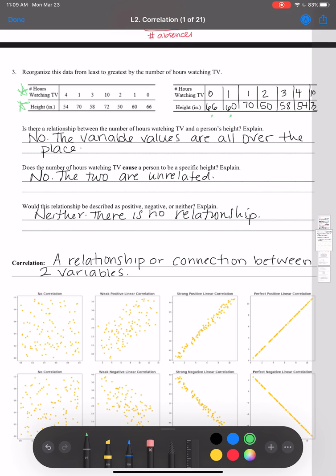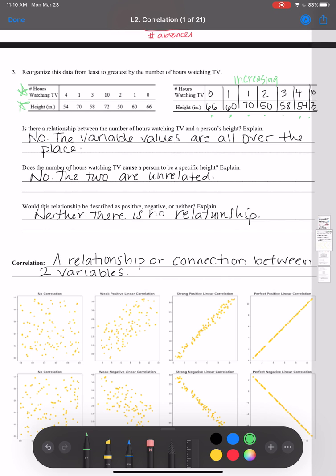So we go down 6, up 10, down 20, up 8, down 4, up 18, I guess. So the number of hours watching TV is increasing, but the height is just kind of doing its own thing. So it's neither increasing nor decreasing. It's everywhere.